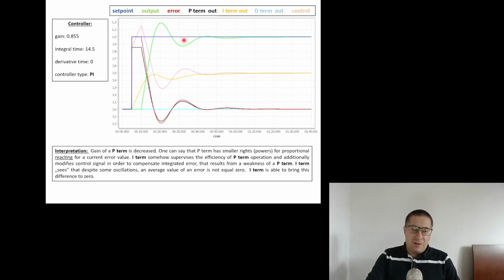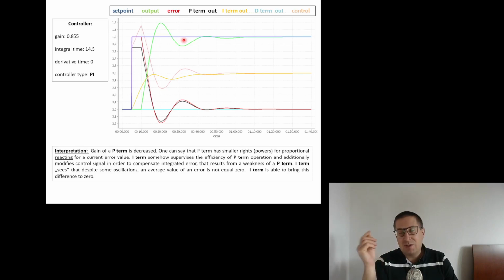Okay, so one can say that in this particular case, if we compare this controller to just the P controller, the controller that has only the gain, in such a PI controller, the P term has a smaller rise for proportionally reacting to the current value of the error, but the I term supervises the efficiency of the P term operation and additionally modifies the control signal in order to compensate the integrated error that results from the weakness of the P term.